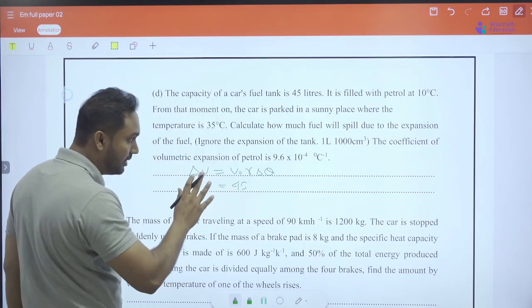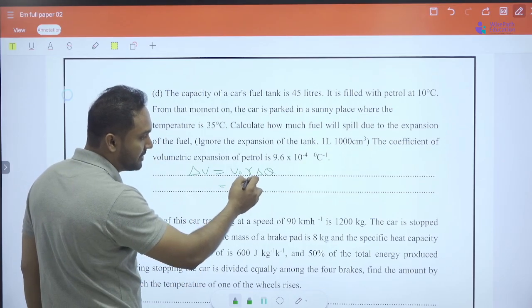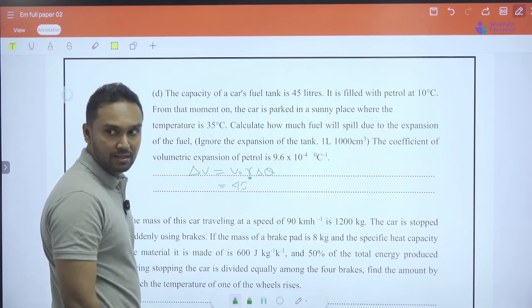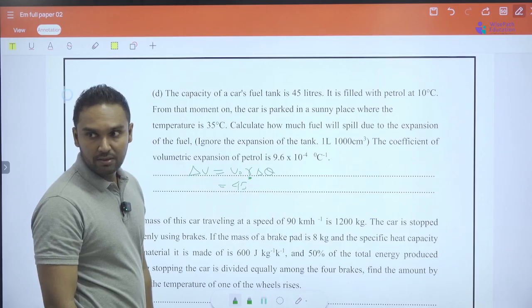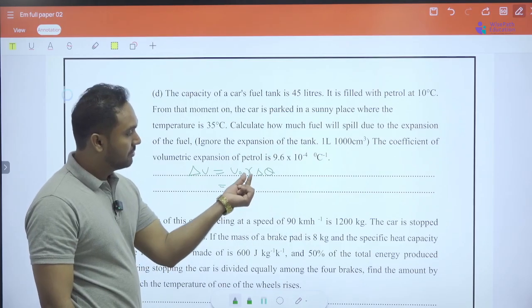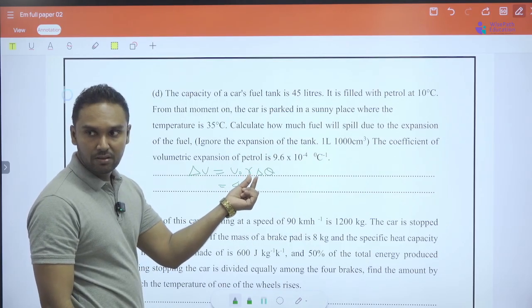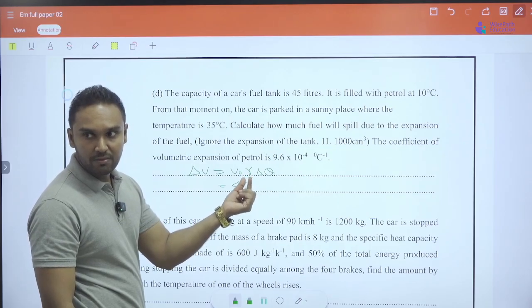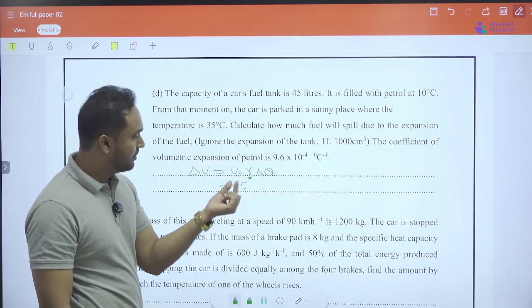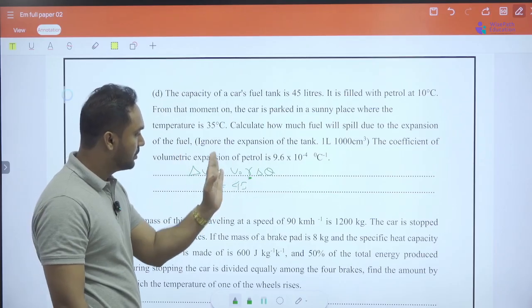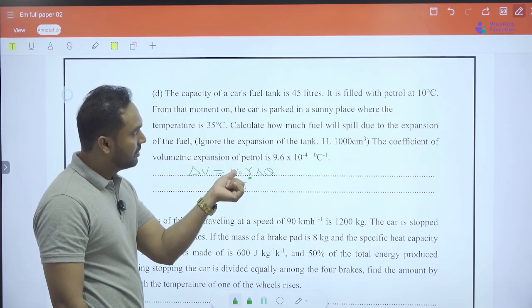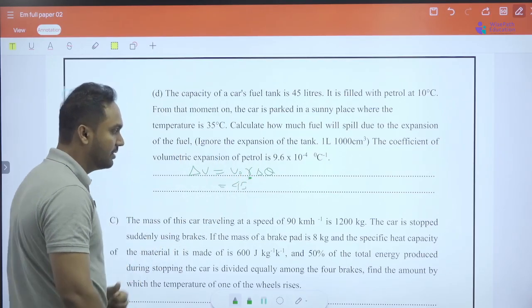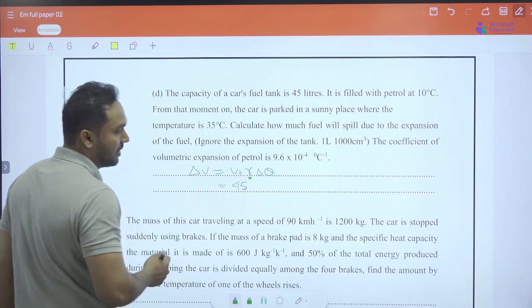That is only if the coefficient doesn't contain the volume dimension, it's nothing to worry about, because the units will cancel out. So whatever unit you put here will give the delta V.